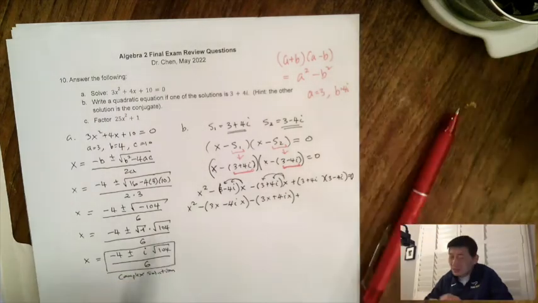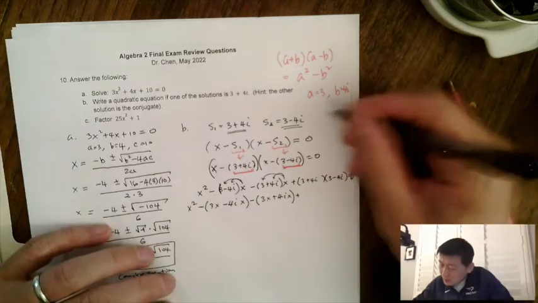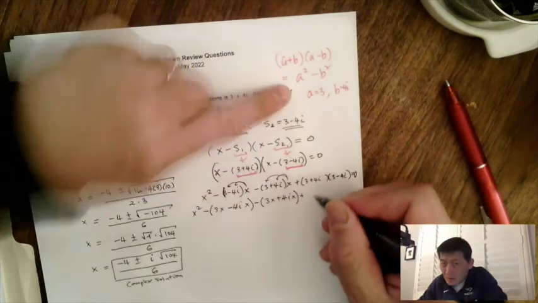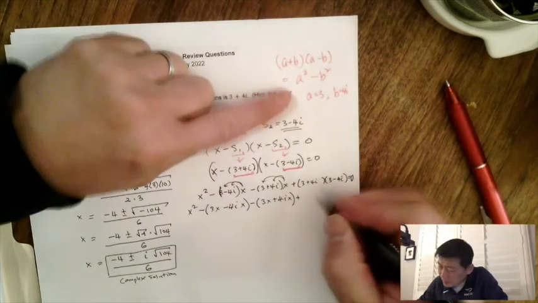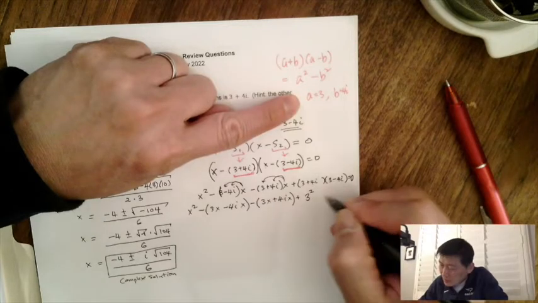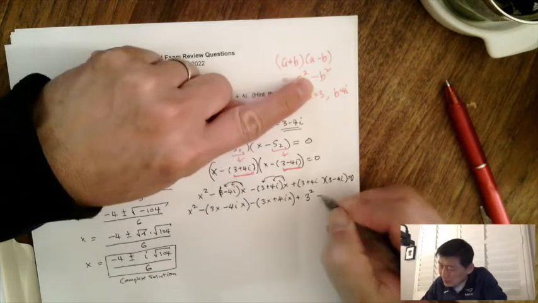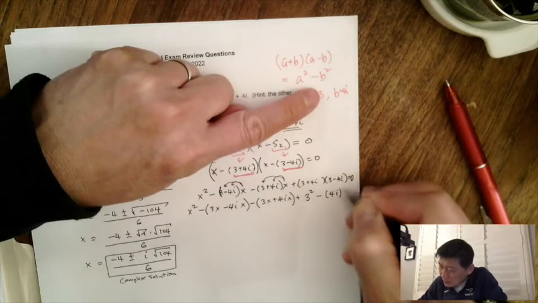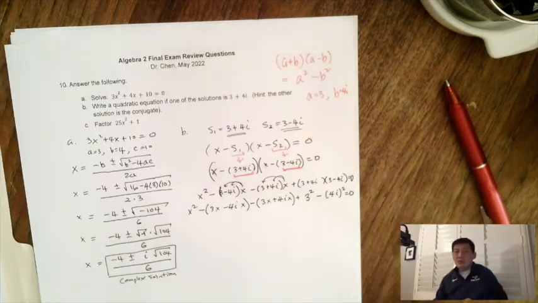Do you see that? So I end up with a squared, and a squared is 3 squared, all right? Minus b squared, and b is 4i, squared, and set equal to 0.